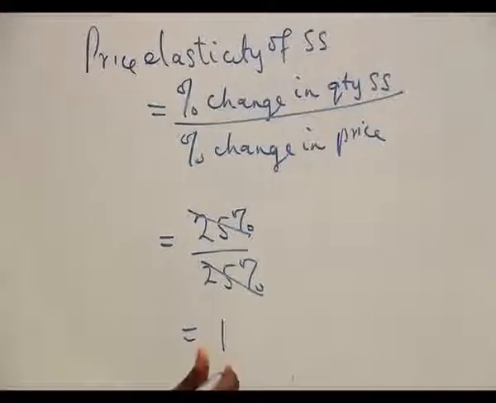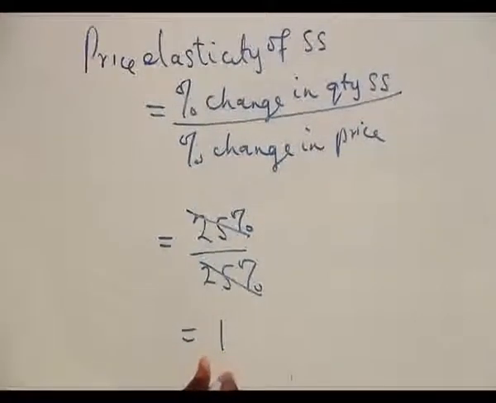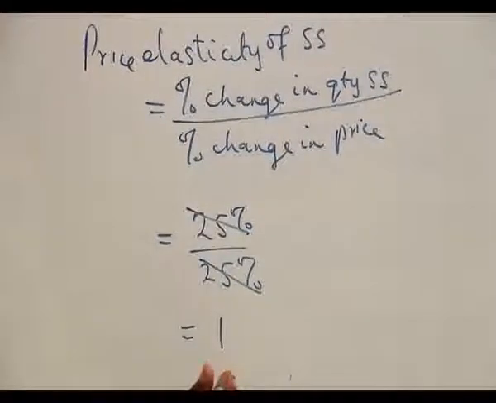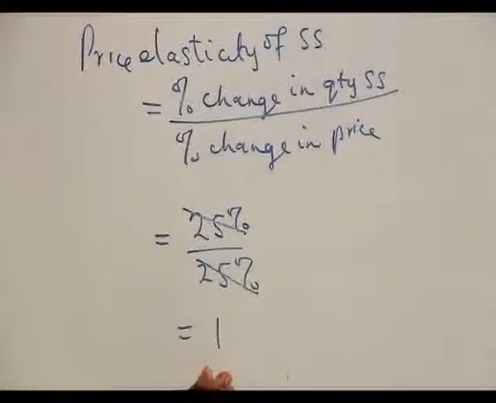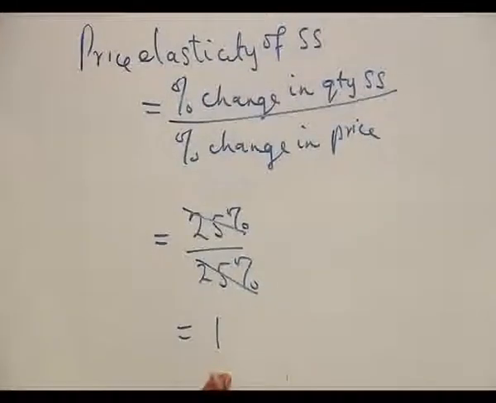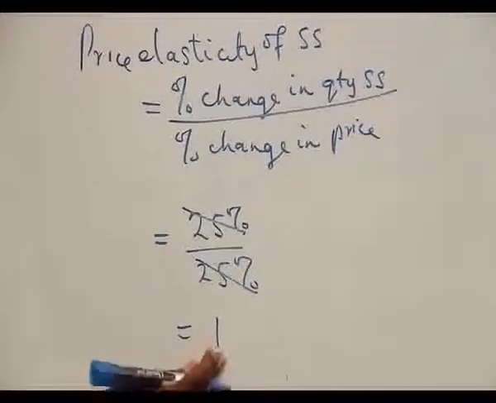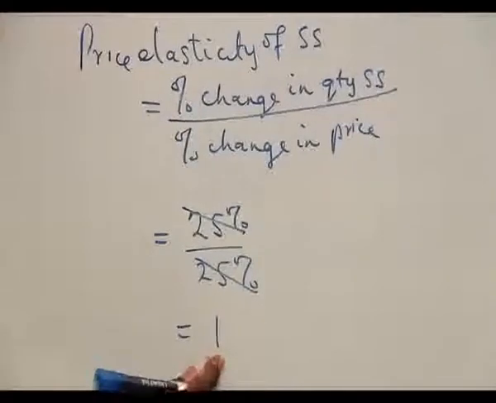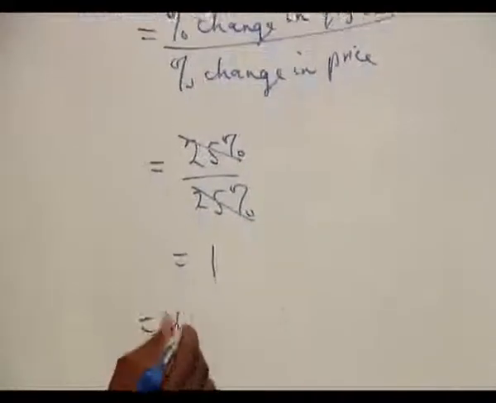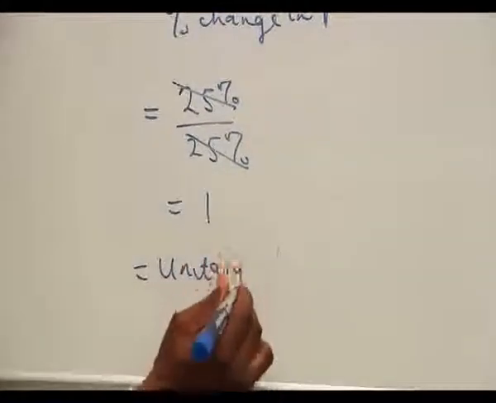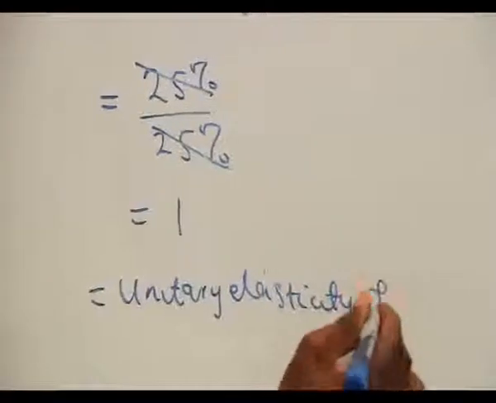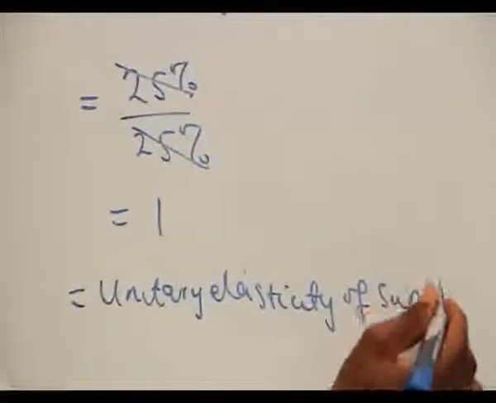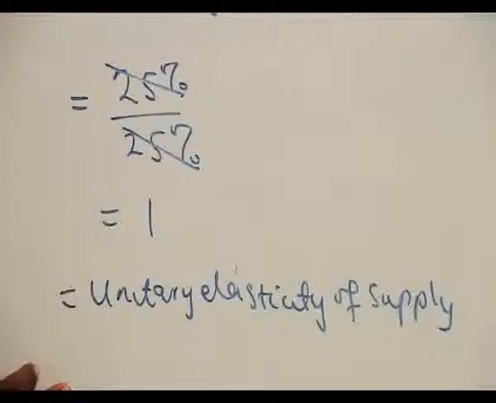And what type of price elasticity of supply is this? We have demonstrated the types: unitary elasticity of supply, elastic supply, inelastic supply, perfectly elastic, and perfectly inelastic supply. The one that always has the coefficient of 1 is referred to as unitary elasticity of supply, because the coefficient is always 1.